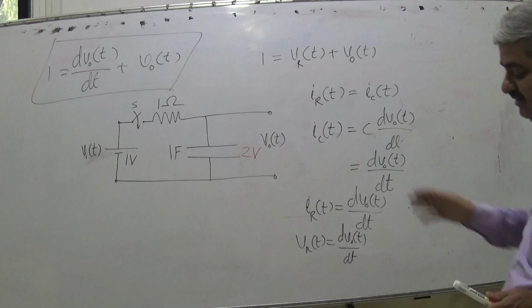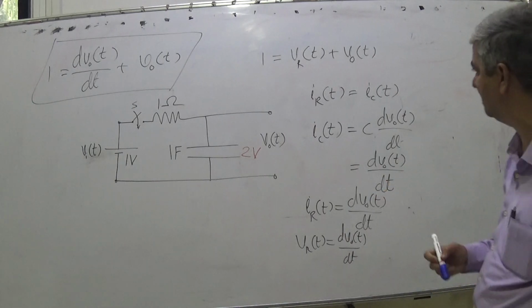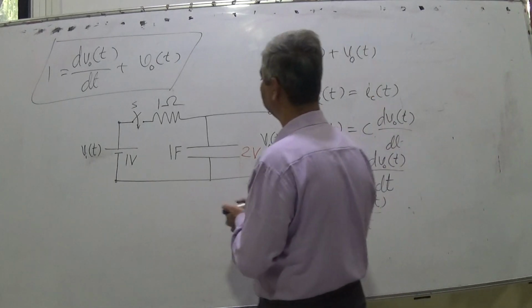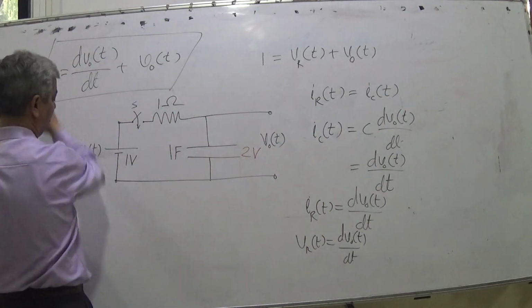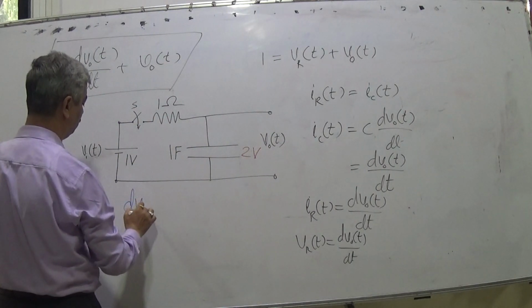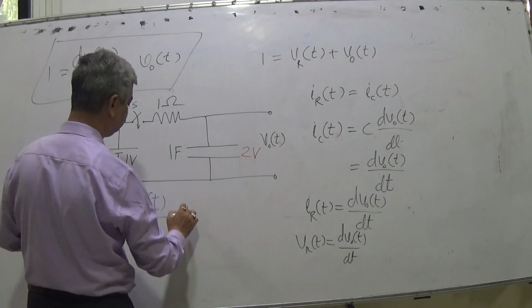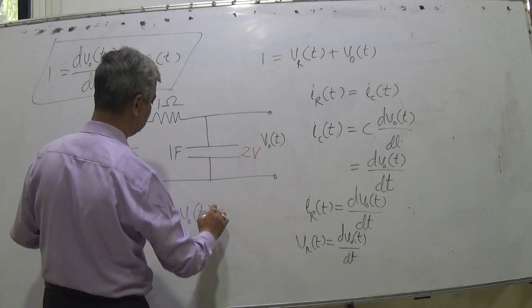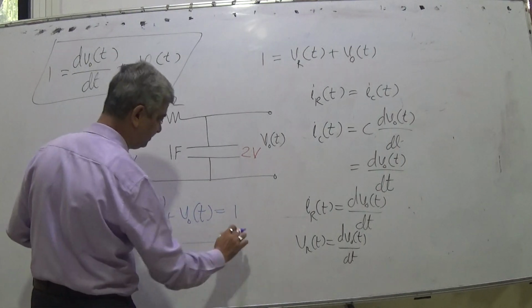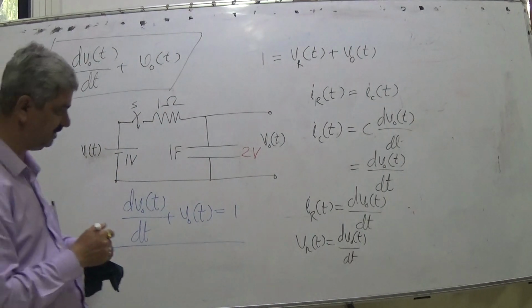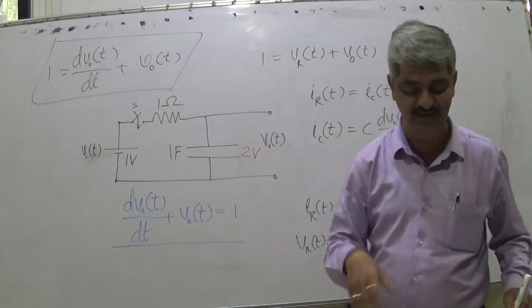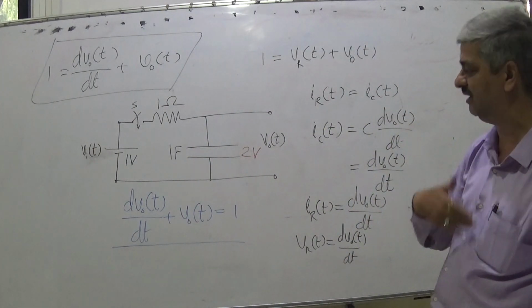Only difference is when we write the differential equation in standard form, we write it as dVO(t) upon dt plus VO(t) is equal to 1. So same differential equation, no change. Simply I want to tell you how interesting it works.